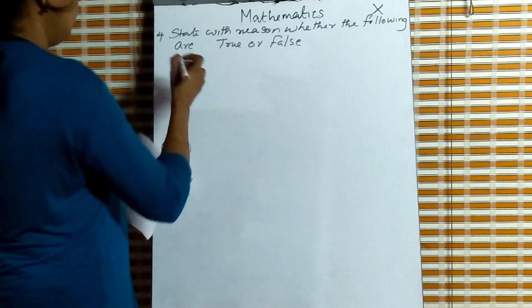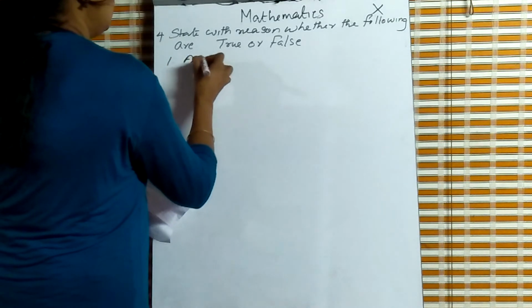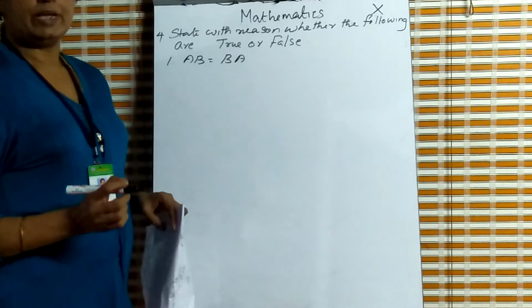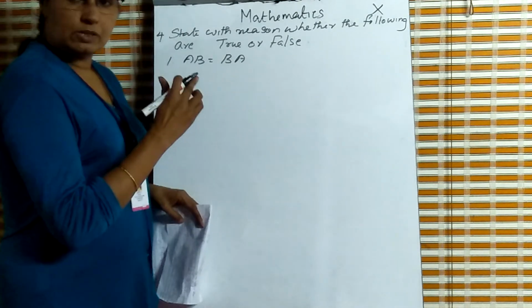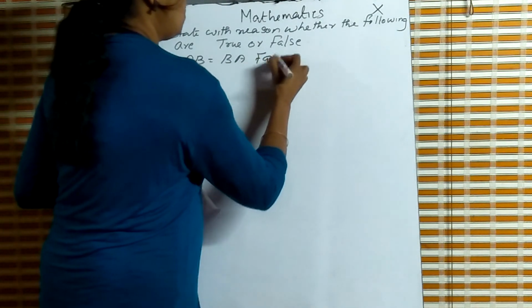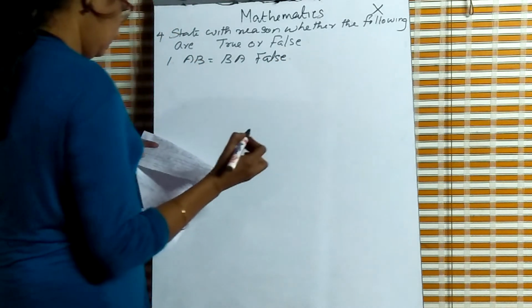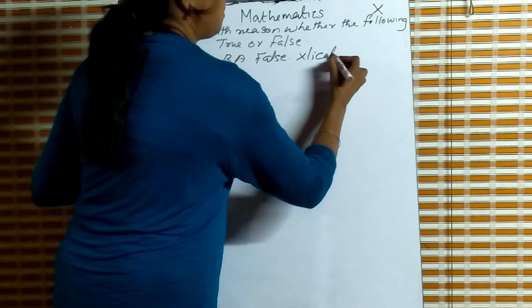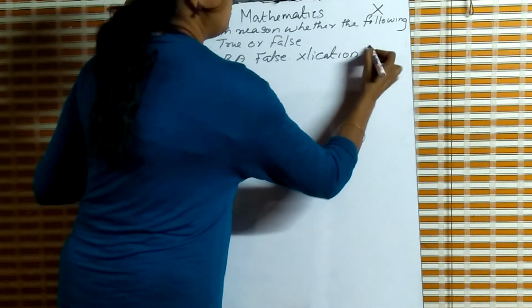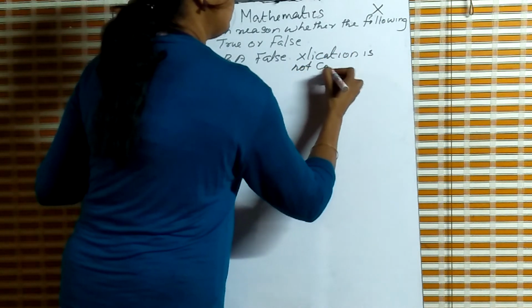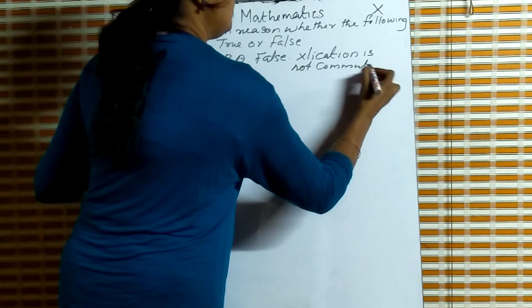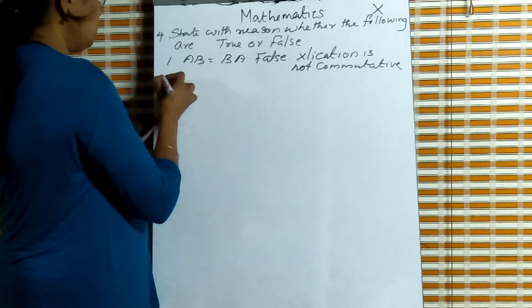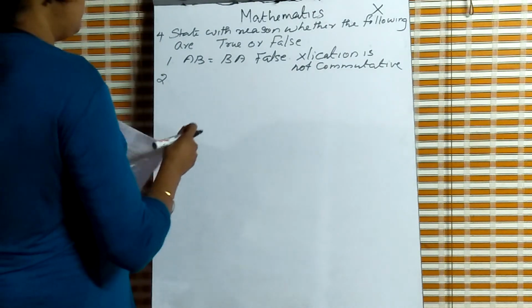Question 1: A into B is equal to B into A. Is it true? AB is equal to BA. This is false, because multiplication is not commutative.